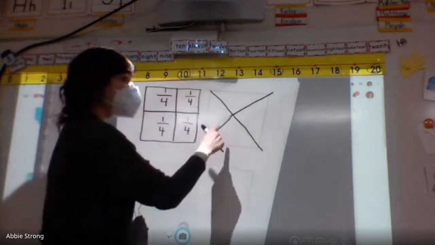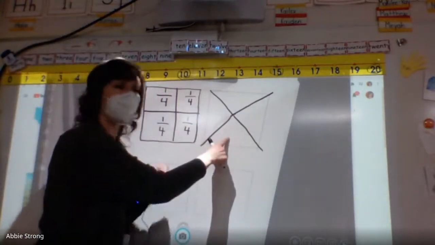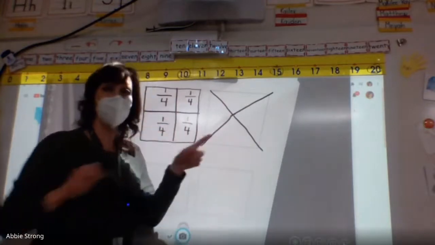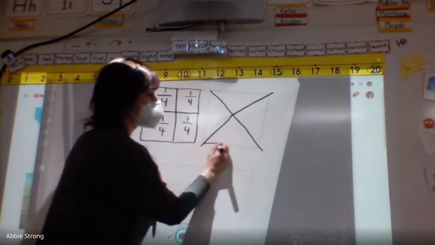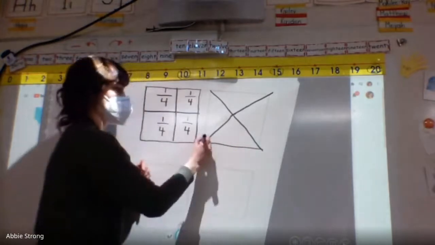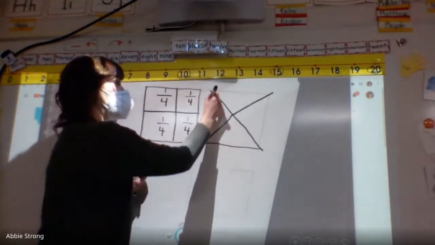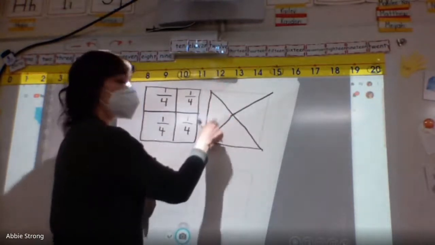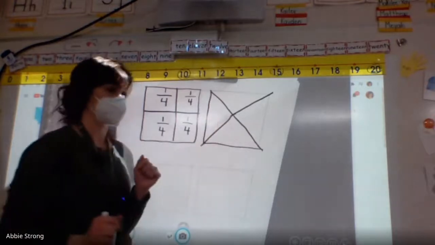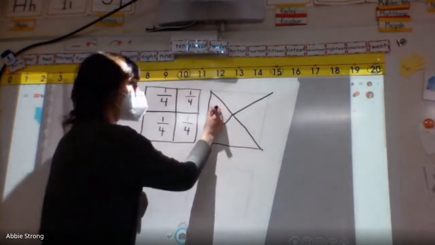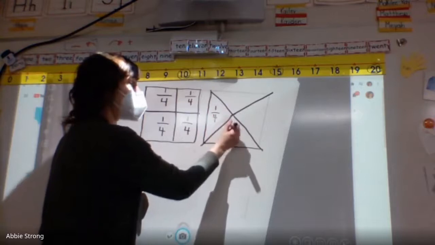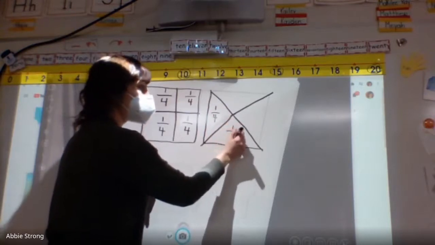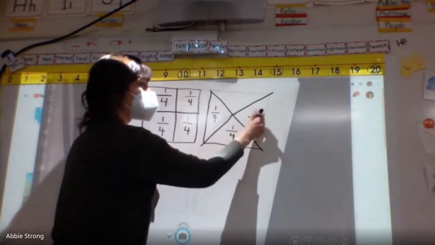This time, our sections are not little squares. What shape are they now? Haja. What shape is this little part right here? A triangle. A triangle. Good. I want you to label each of those 4ths like this.